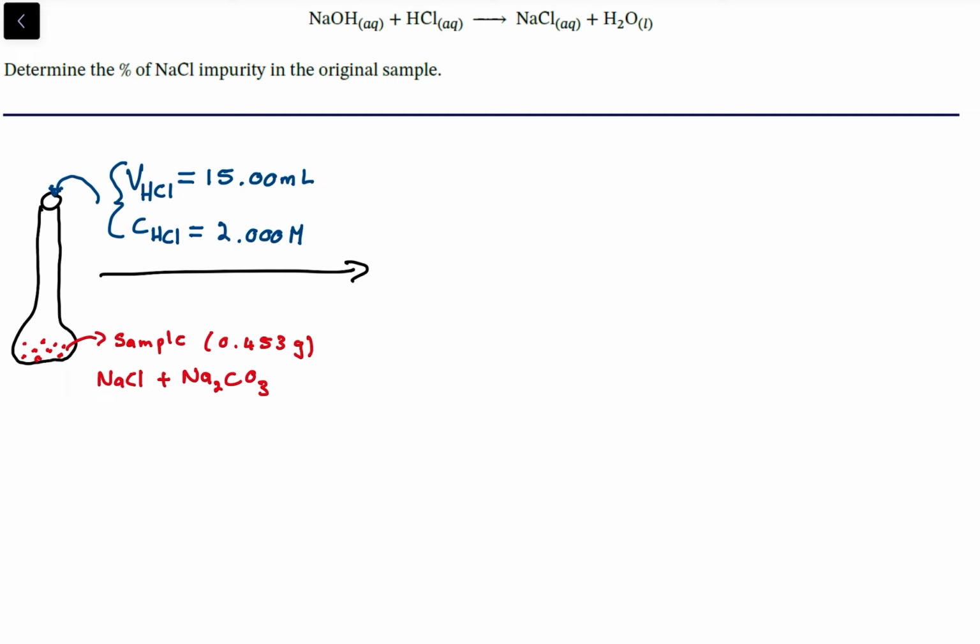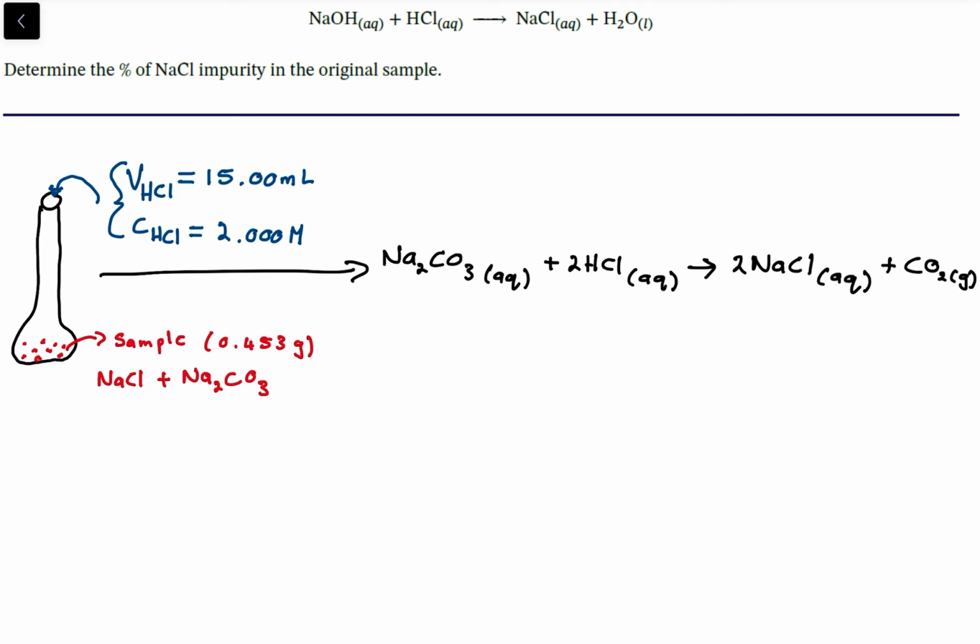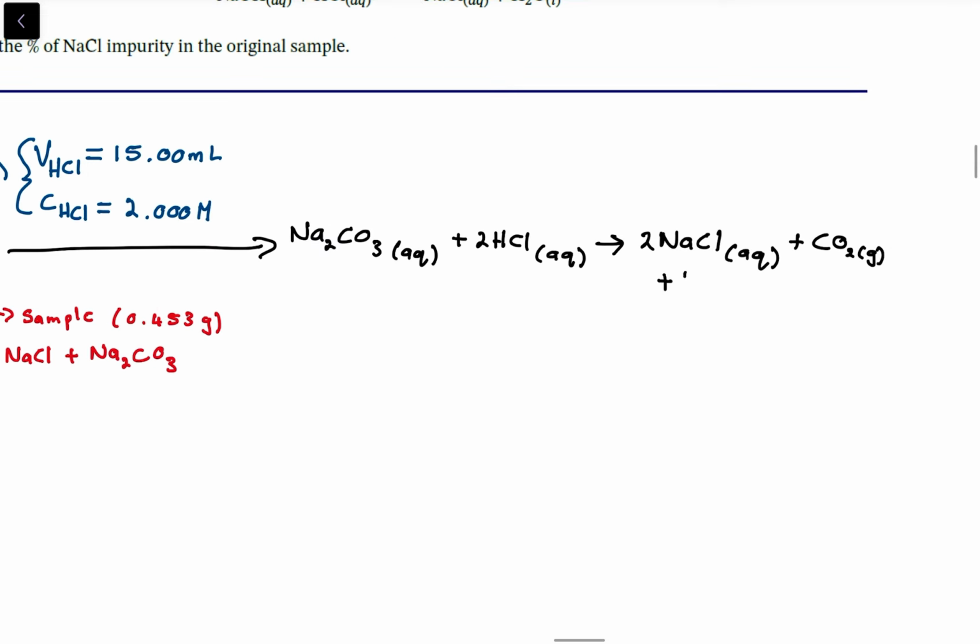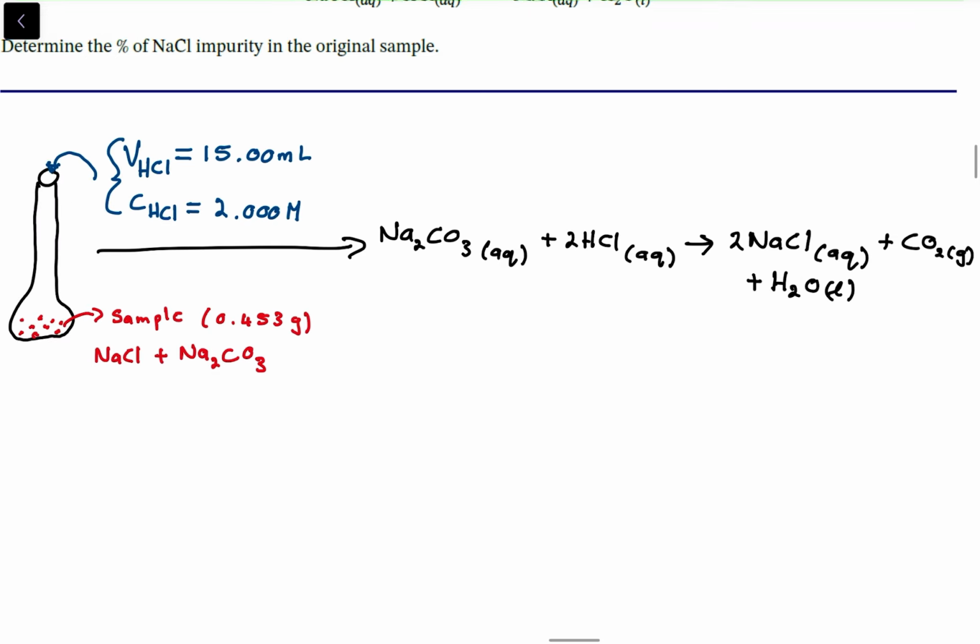And the reaction that takes place is this: Na2CO3 aqueous plus 2HCl aqueous gives 2NaCl aqueous plus CO2 gas plus H2O liquid. Okay, so that's what happens.